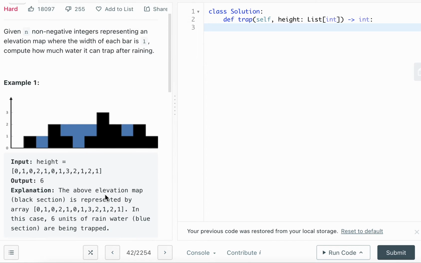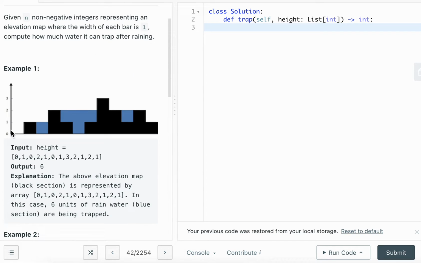If you look at the example here, on the left side, it's 0, right? It can't trap any water. And this one can't trap any water because the left side is smaller, and either way, there's nothing to hold the water. It will overflow. And this one, we can trap 1 unit of water.